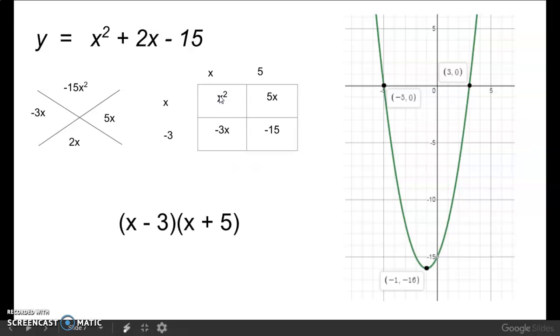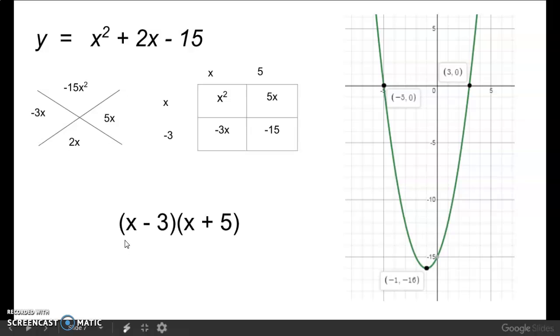Then I have my numbers outside of the rectangle. I started here with x times x. That's the only possibility if you've got x squared, and that makes the rest quite easy. So this has to be 5, this has to be -3, and I checked.